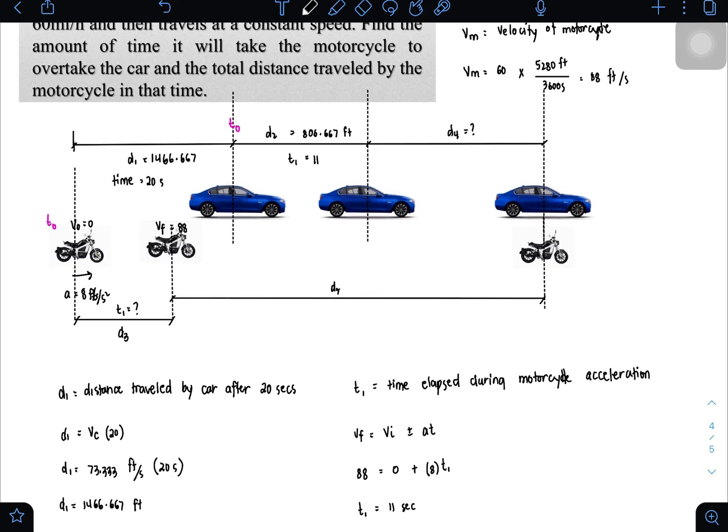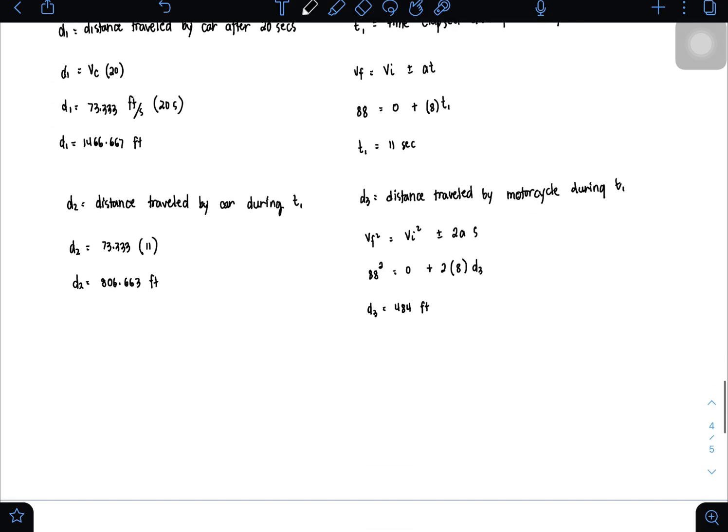The distance traveled by the car is also just equal here. This is the distance traveled by the motorcycle.